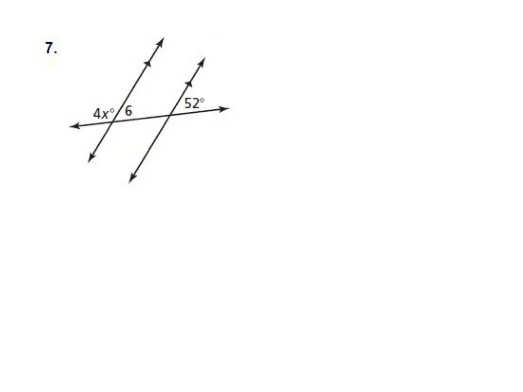All right, number 7. So we have to find the x and the 4x. And we're going to compare it with that 52 degree angle that we know. Does that fit one of our 6 angle pairs, the 4x and the 52? If it does, which one?